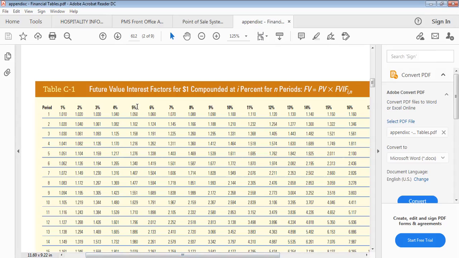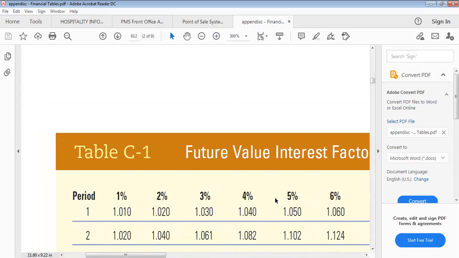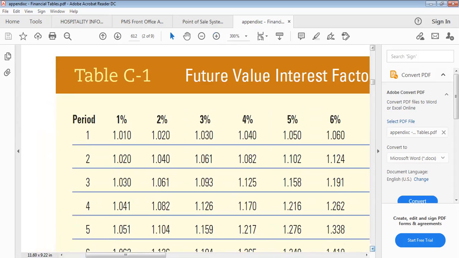So you have 5% to 5 years, and that gives you what? 1.276. You see that, right? So you have 5% to 5 years, and that will give you 1.276. Therefore, you're going to place that figure to replace the FVIF.